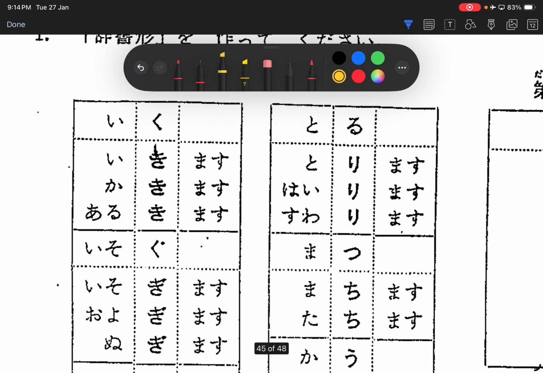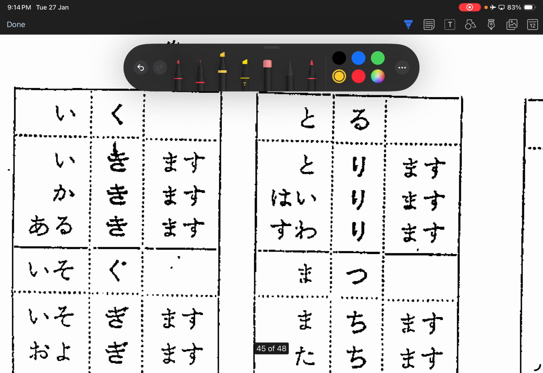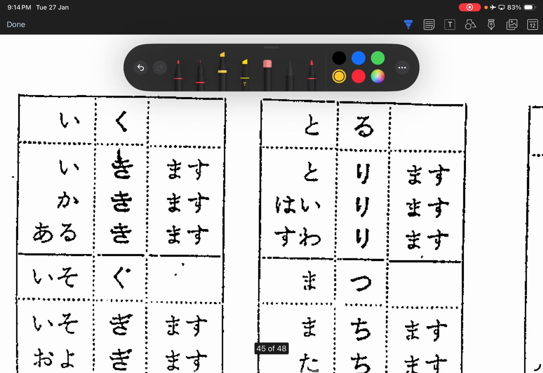Then our problem is always with group 1. This time not so hard. Let's look at the leftmost column. 行きます, the き we change to く. 行きます, 行く; 書きます, 書く; 歩きます, 歩く. 歩きます means walk.